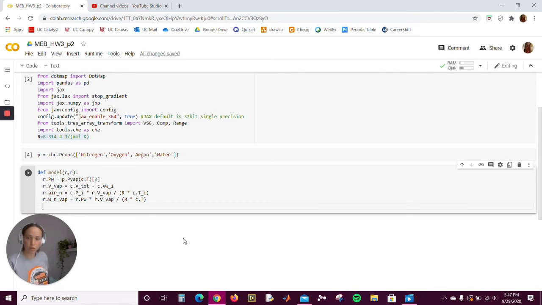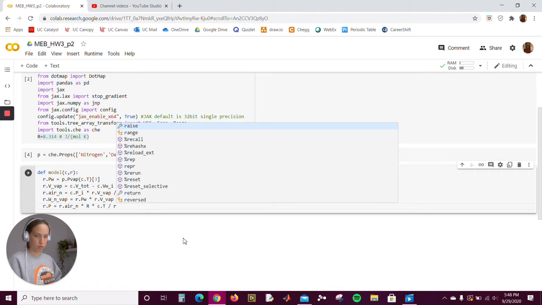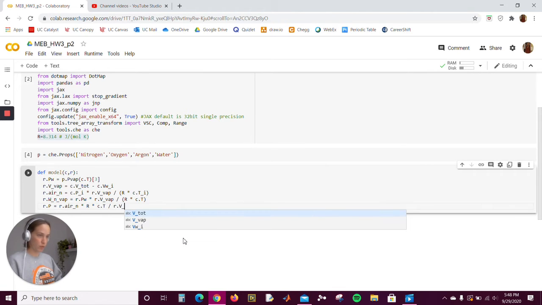Now we're going to do the pressure, as in the total pressure, is equal to the number of moles times R times temperature divided by the volume of the vapor phase.